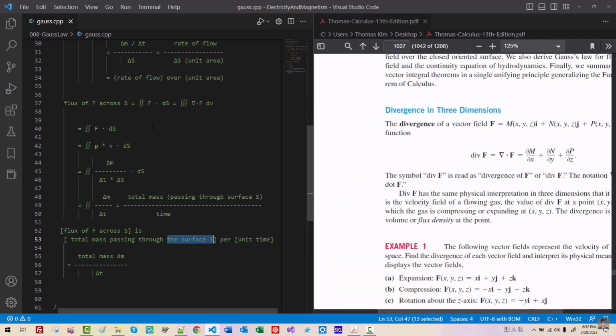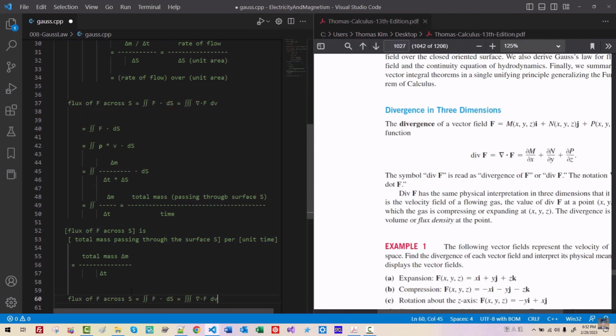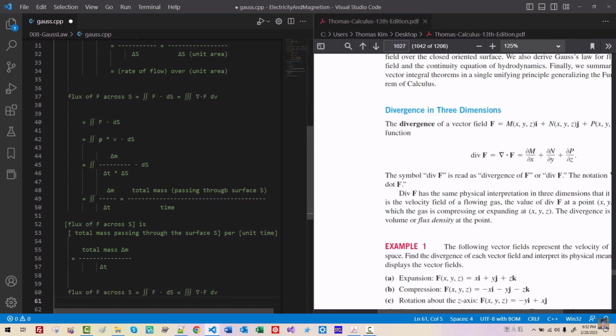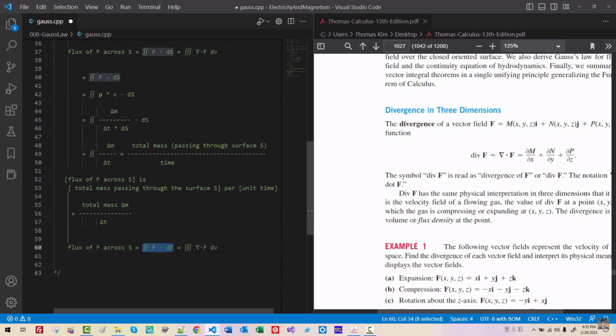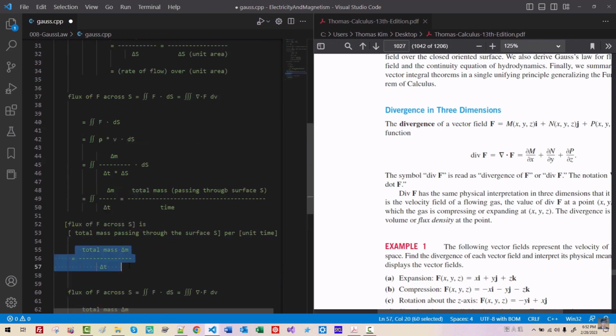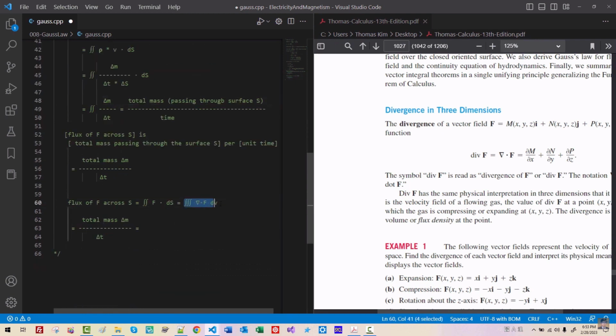So we will start from here. Once again, I copy and paste it. Now this is this equation. Copy, paste like this. We got this result from here. Then this part I will copy and paste.